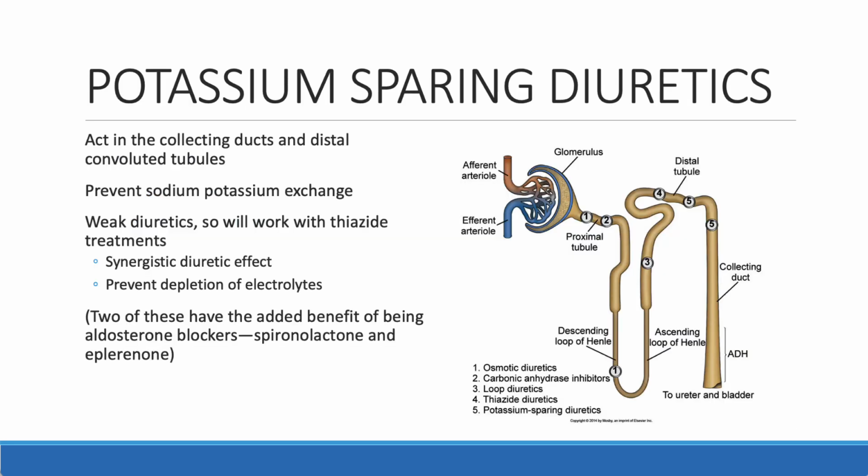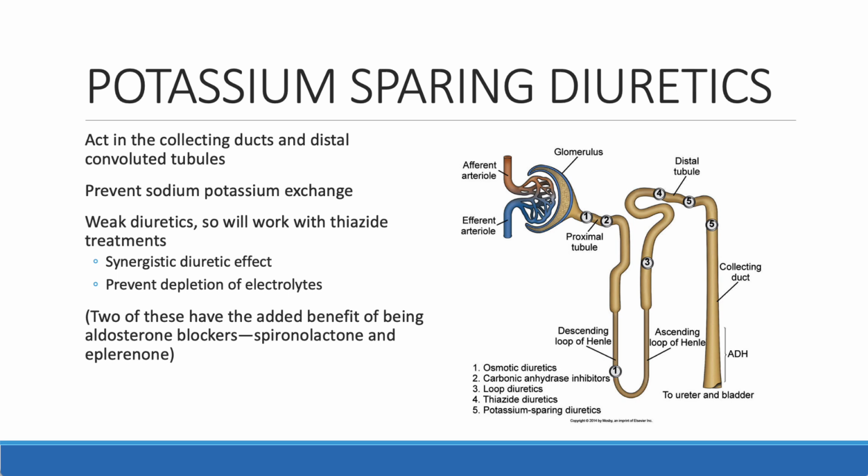Next is the potassium-sparing diuretics, and these act in the collecting ducts and the distal convoluted tubule, right? So these are number 5. They act right here. And what that does is it prevents sodium-potassium exchange. So they're very weak diuretics, but they work nicely with thiazide diuretics.